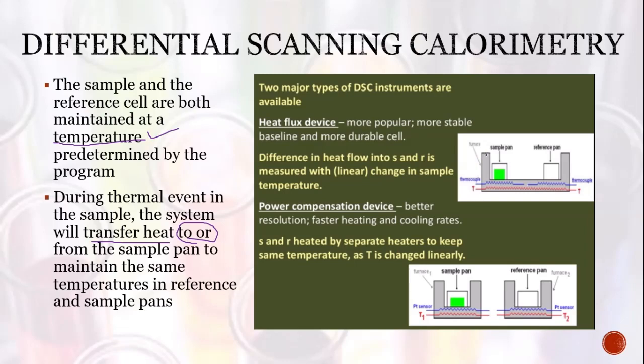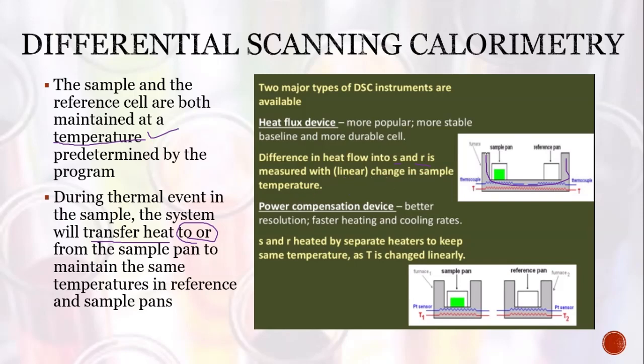So we have a furnace, this one that is U-shaped. Then we have the sample pan and the reference pan. What happens is that any differences in heat flow between the sample and the reference are measured with the linear change in sample temperature.